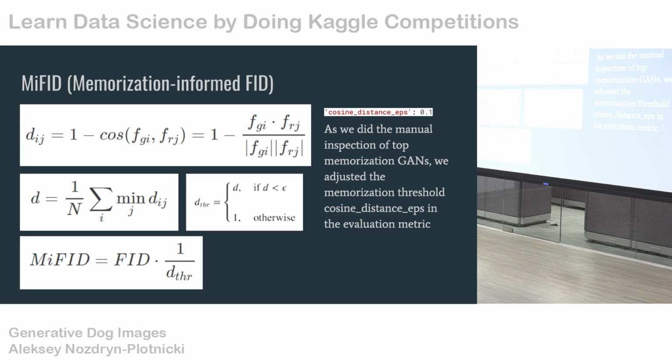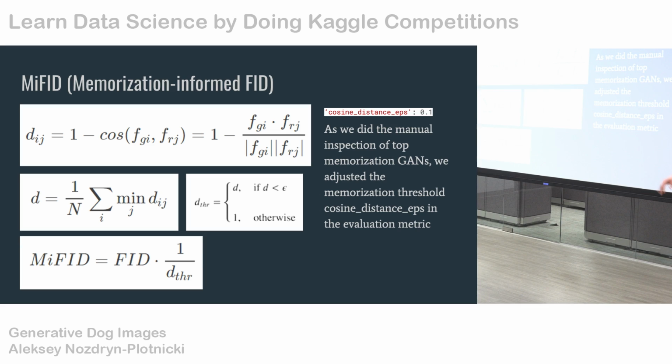Okay, if you're trying to run a competition with a leaderboard, and you're providing these images, you have this problem that people will just regurgitate the training images. And then when we do this Fréchet Inception Distance, it'll be 0, and that'll be the best possible. And so what Kaggle implemented is this memorization-informed FID. It's a bit strange to pick apart.